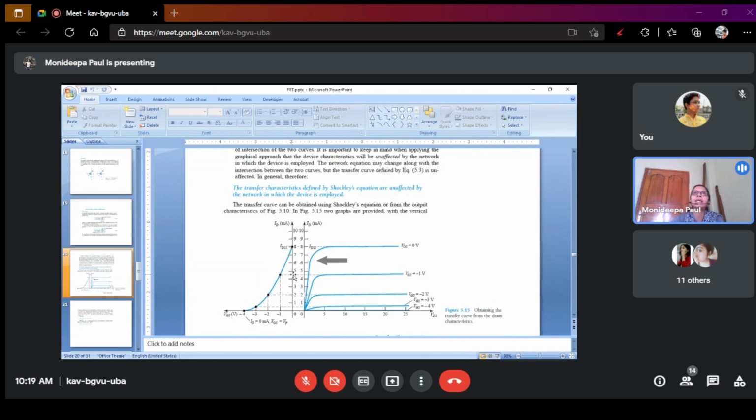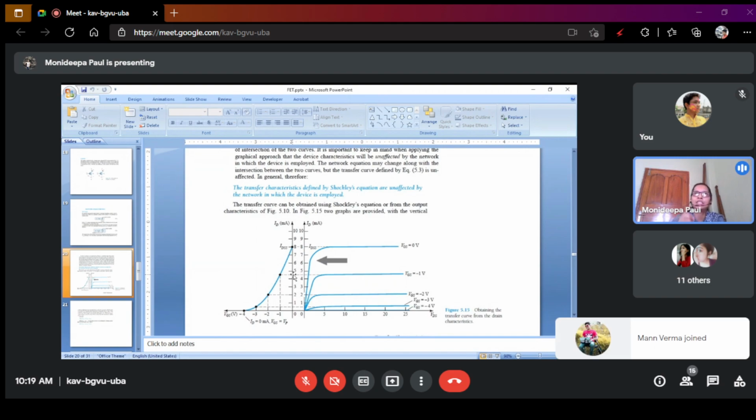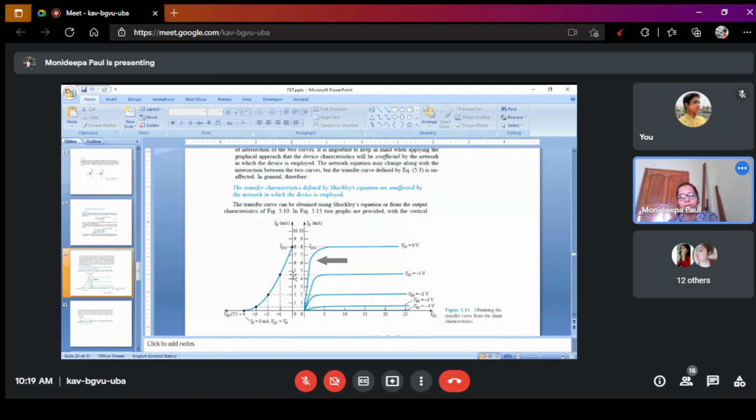That means either you draw the characteristic curve from equation 5.3, or you draw it experimentally, you get the same results. That is, the saturation current value at different values of VGS will be the same whether we draw from experiment or from the equation. Both give the same result. Okay.